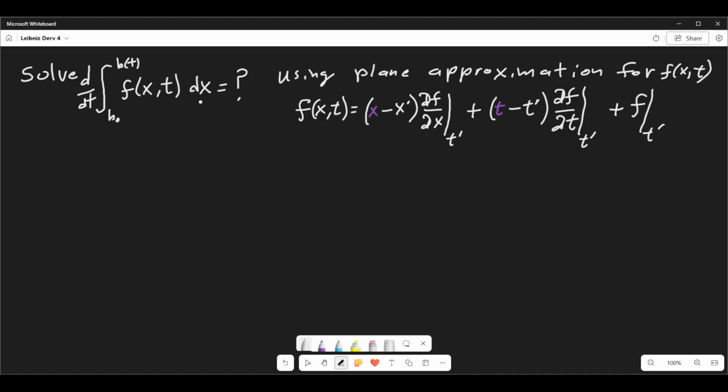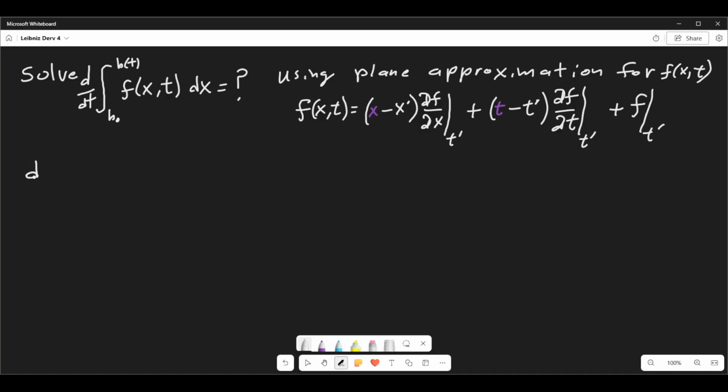So the idea is to approximate this using a flat plane. So f of x and t becomes this flat plane that looks like this, and this flat plane, of course, only depends on x and t. The rest of these variables are constants that are determined by the properties of f at the point t prime, x prime. So basically this needs to be substituted into that, which involves a fair amount of algebra.